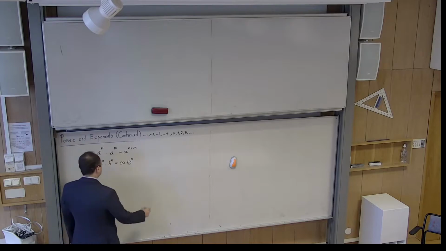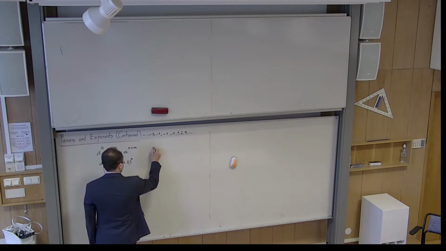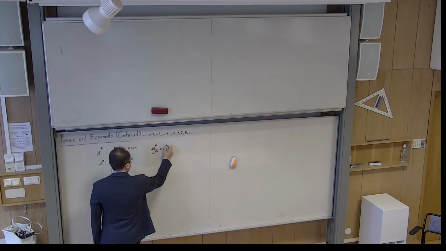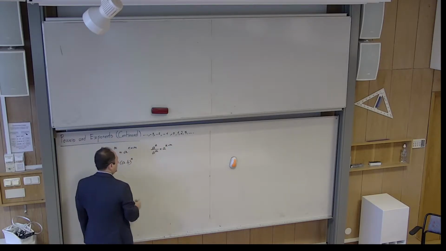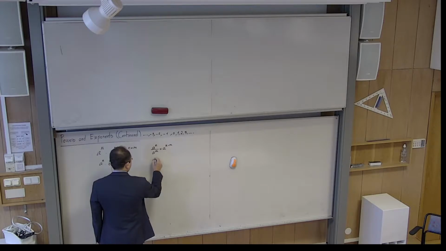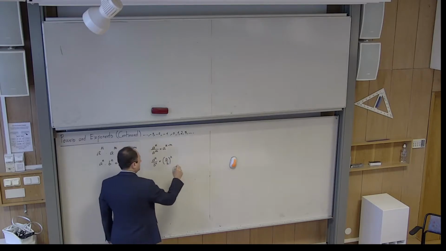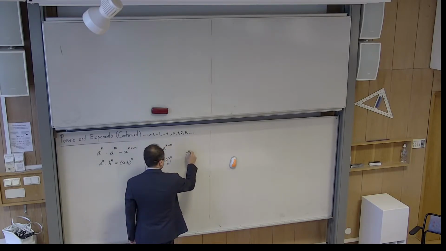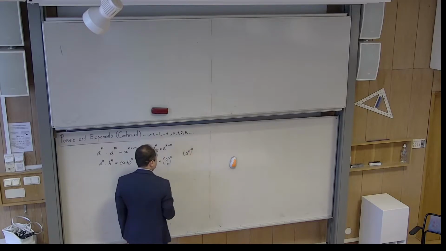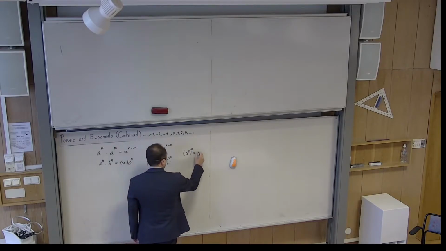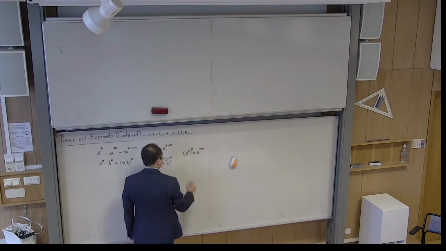For division, if I have a to the n divided by a to the m, I can write a to the power of n minus m. If I have a to the n divided by b to the n, I can write it as a over b, all to the n. And we also had one rule that if I have some power and I want to exponentiate it once more, I can write the base and multiply the exponents.